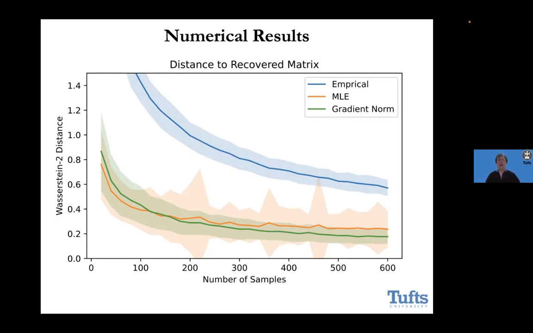And I'll also comment, we don't have anything on here about this. Our method is extremely fast. It's almost as fast as just computing the empirical covariance matrix, because it comes down to solving a small quadratic program. So very fast computationally, albeit it suffers from non-parametric rates of statistical convergence.